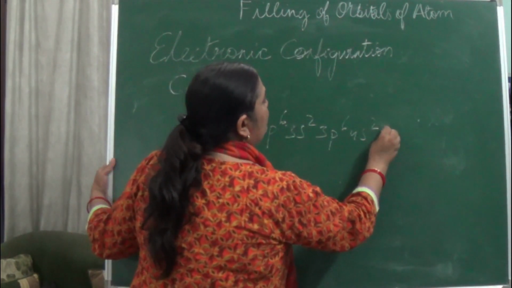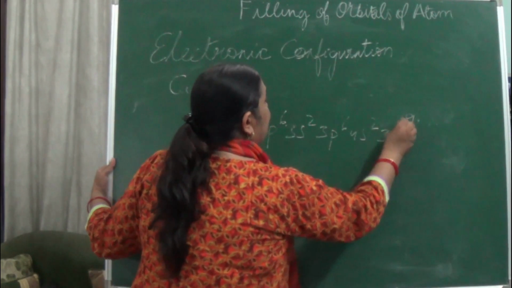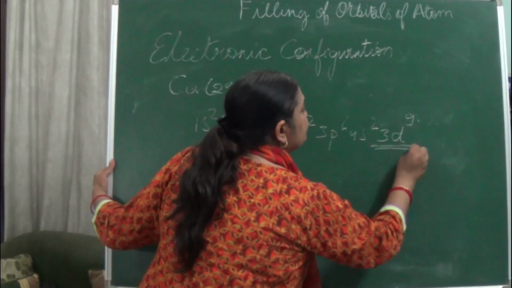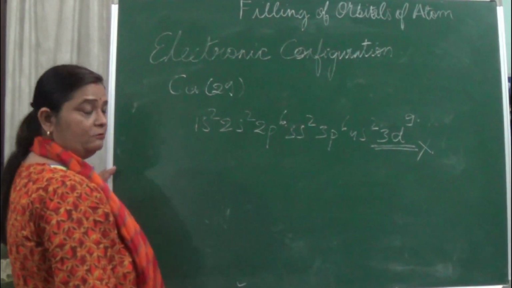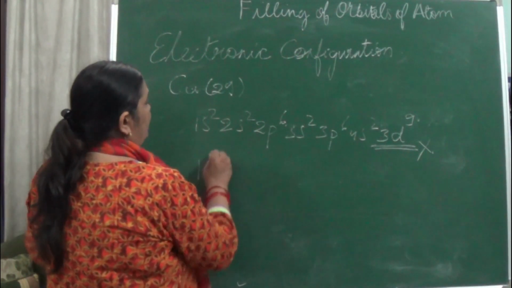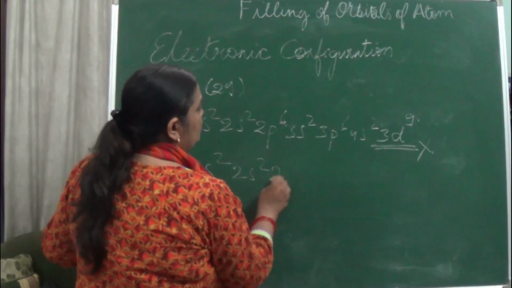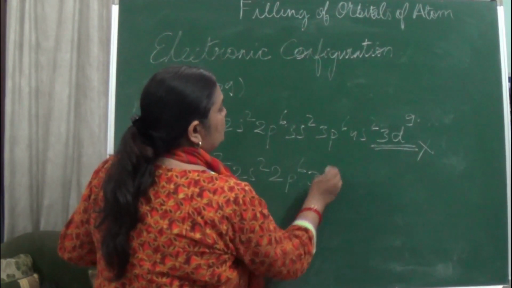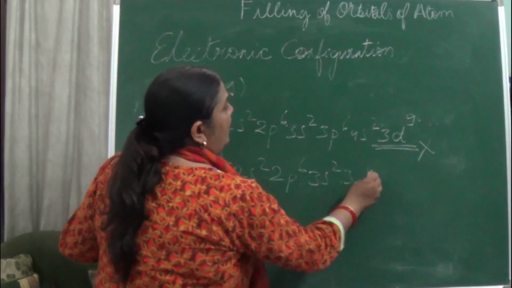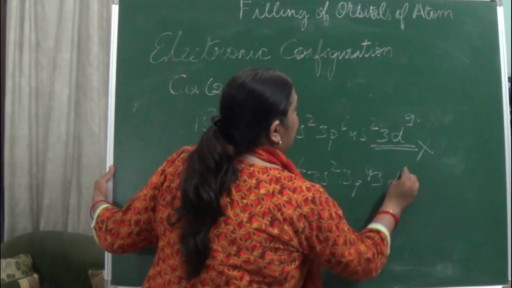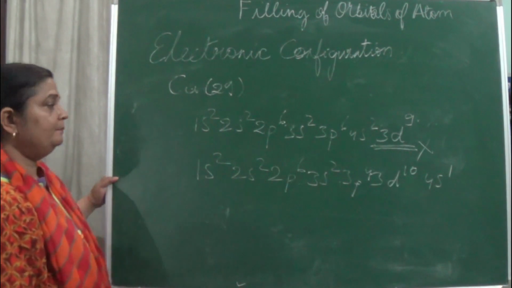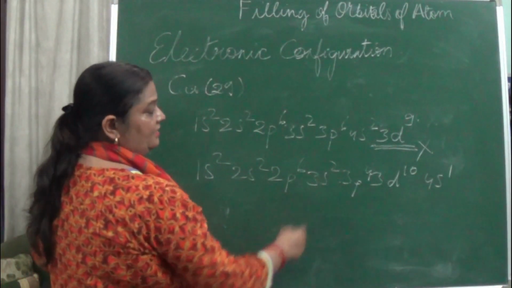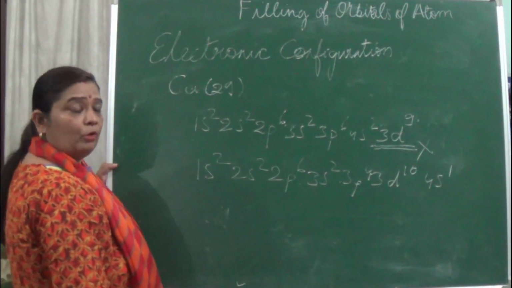So here it will be 3d9. Here it becomes wrong, because if it is fully filled it will be more stable. So we will be writing 1s2, 2s2, 2p6, 3s2, 3p6 and 3d10 and 4s1. Getting? And why? Because here the number of exchanges can be more.